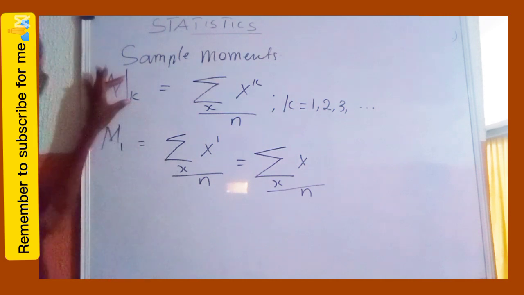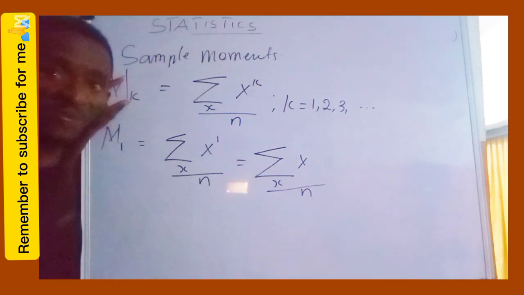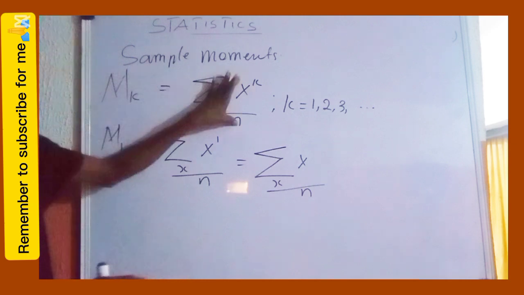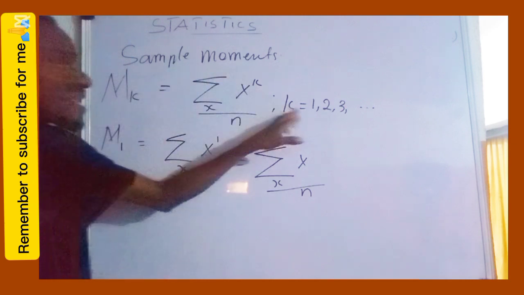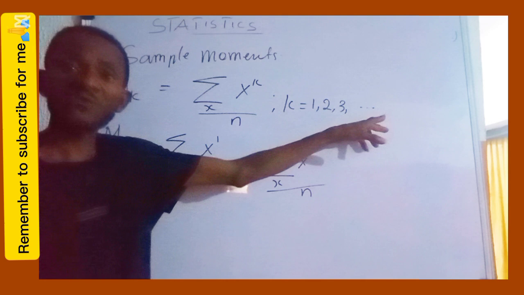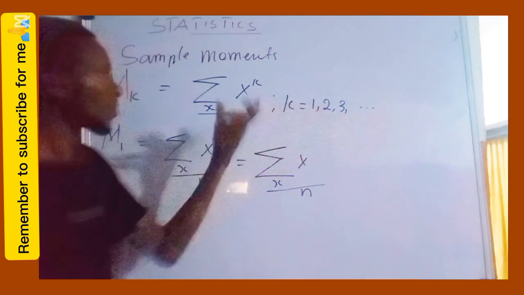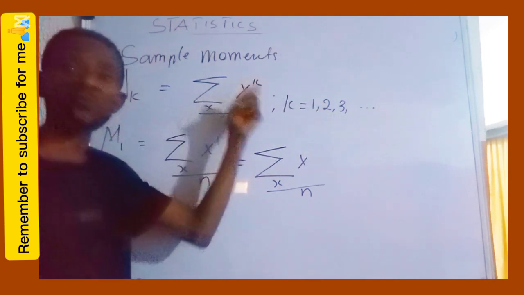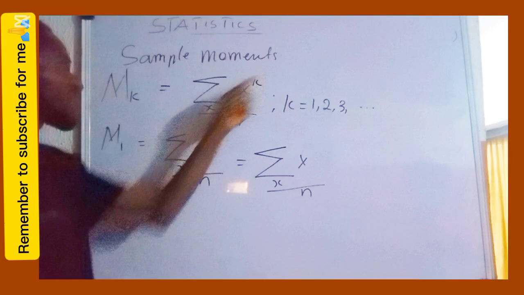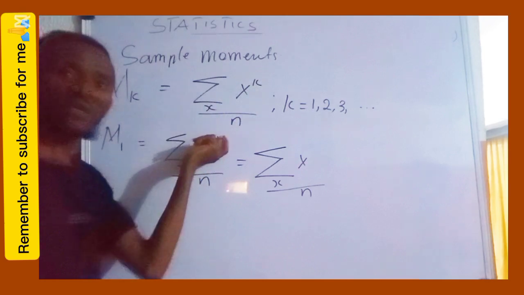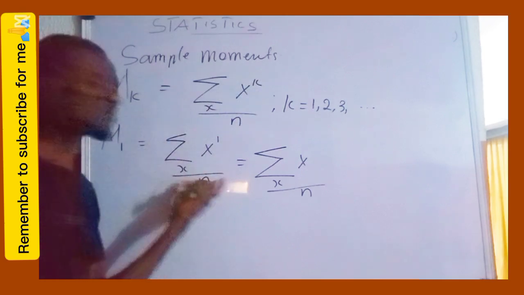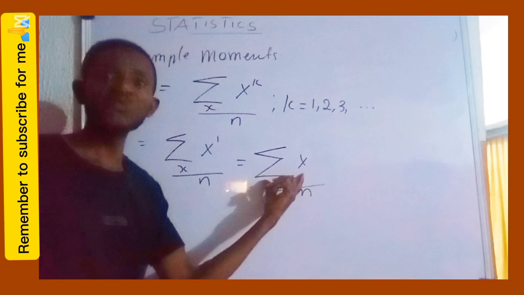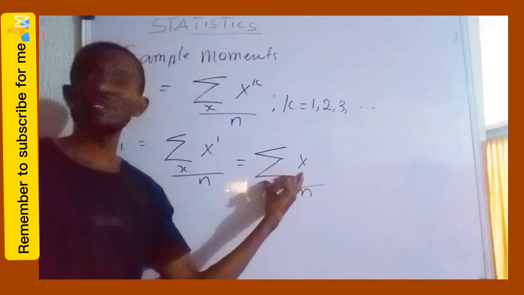I repeat, we gave a formula for the kth sample moment about the origin, about 0. K takes value from 1 up to positive infinity. What if k becomes 1? We substitute 1 here, and after manipulating the formula, we arrive at the formula for the mean.